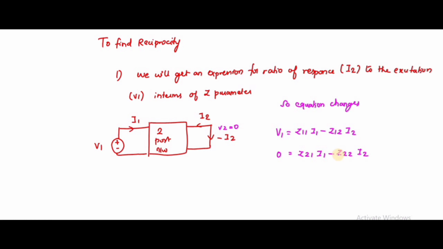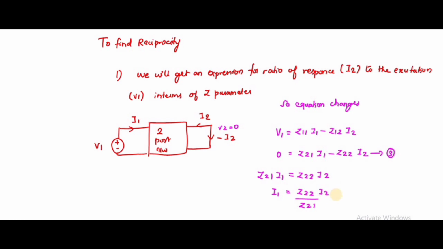So from equation 3, I can write Z21 I1 is equal to Z22 I2, so I1 is equal to Z22 I2 divided by Z21.